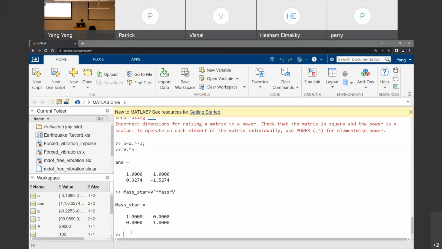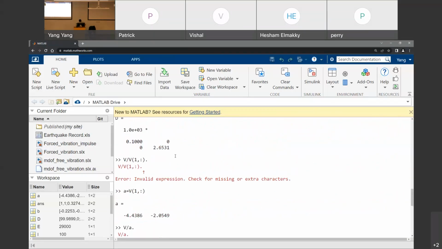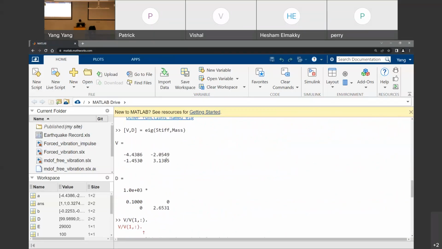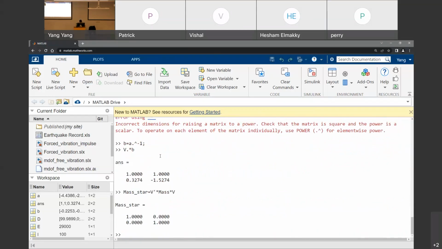Is it because it used the original V matrix, not the one above? This should give us the same answer here. I don't know why. Interesting. Oh, both of them are equal to 0.